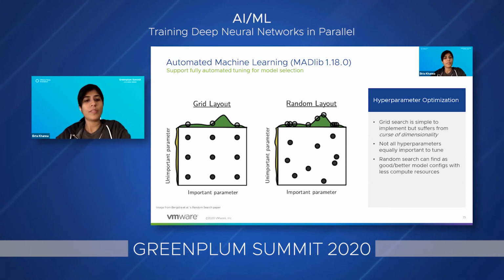What we've seen is that random search has proven to find as good or better models within a fraction of the resources as grid search. But this can still be resource heavy for complex architectures in big search spaces and big data. Moving to the next slide.